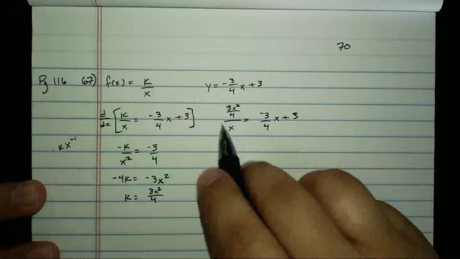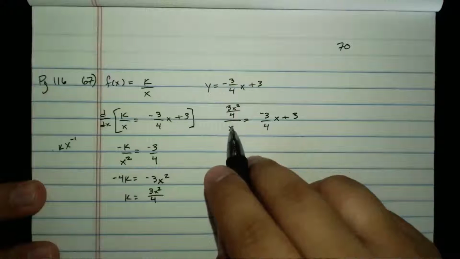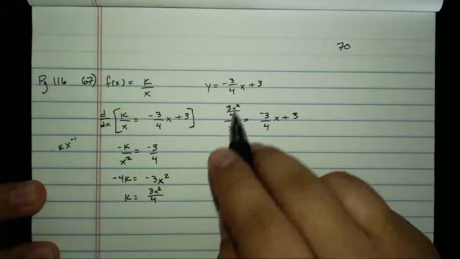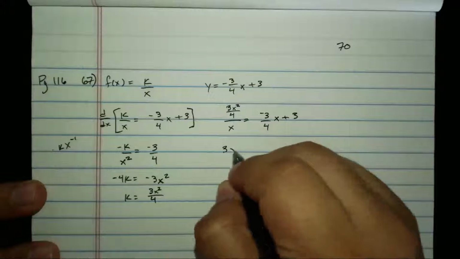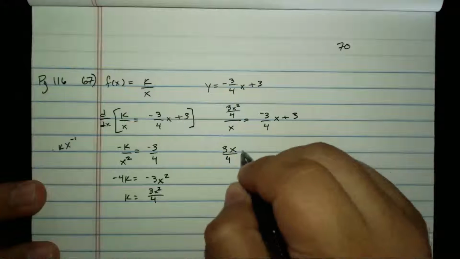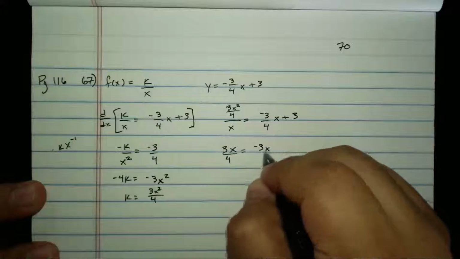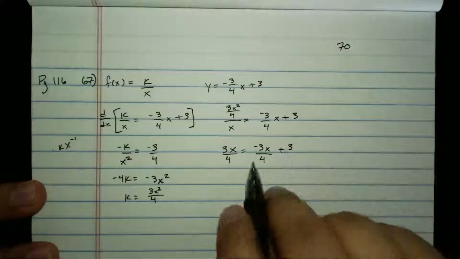Okay, now this guy right here is the same thing as saying 3x squared over 4 times 1 over x, meaning one of these x's will cancel out. So you get 3x over 4 is equal to negative 3x over 4 plus 3.